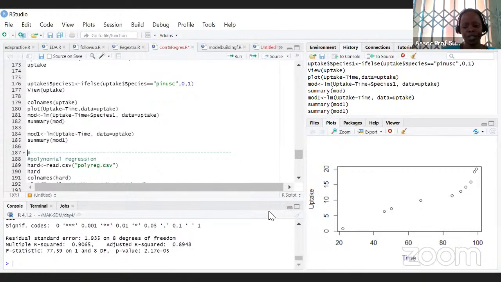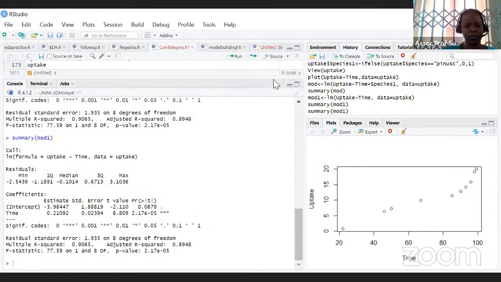So let's concentrate on the console. If you go down where we have uptake and time, we see that our R squared is 0.9065, meaning 90.65% of the variation in uptake has been explained by the regression model.